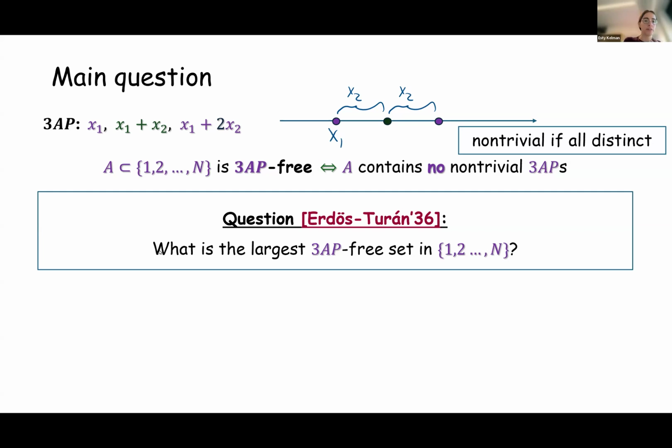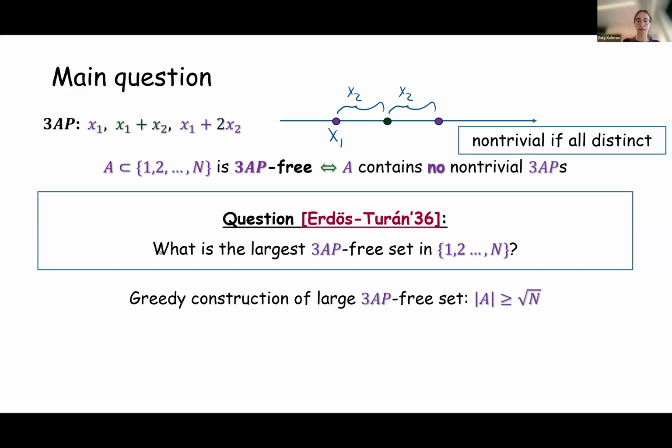There are some easy observations. For example, if A is trivial, we know whether it has a 3AP or not. If it includes the entire interval 1 to n, then for sure it contains 3APs. If it's the empty set, then for sure it doesn't contain any 3AP.